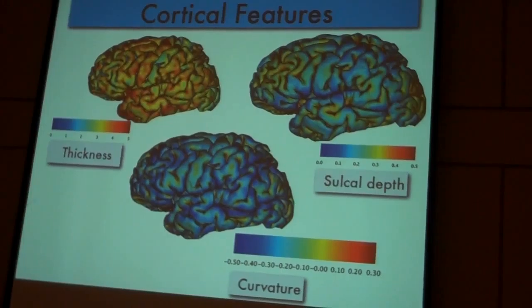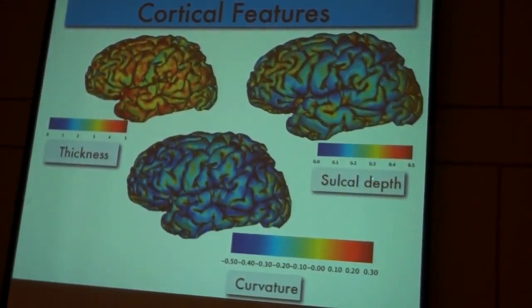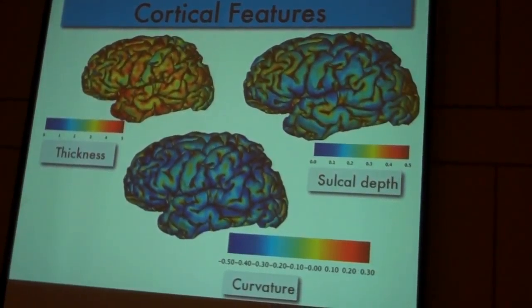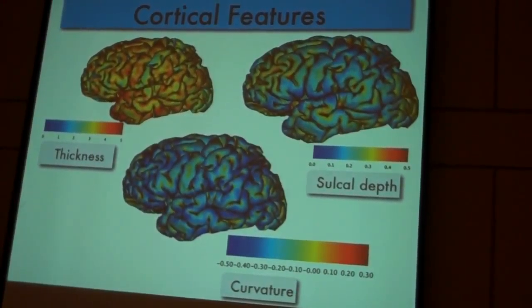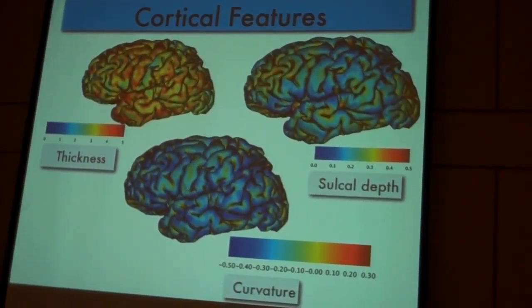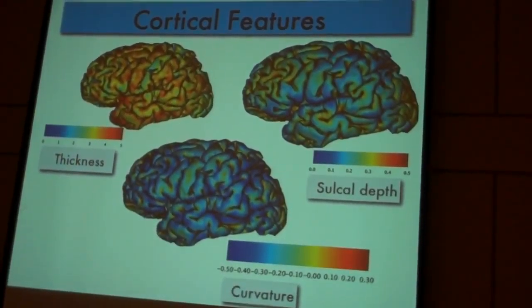So this is purely based on MRI images and no information about tractography at all. These are a few cortical features: thickness, sulcal depth, and curvature overlaid on the brain with a color-coded map. Thickness and sulcal depth are strictly positive, whereas curvature can also assume negative values.